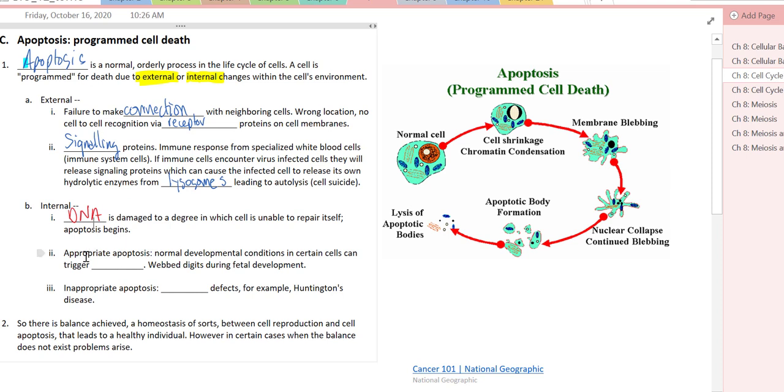Now, sometimes there's appropriate apoptosis in the normal developmental conditions in certain cells. So a great example of this is if you look at developing embryos in the womb, you can see fetuses with webbed digits. But specific conditions within the cell, within the developing digits, trigger apoptosis, and specific enzymes are produced that literally break down the tissues forming between digits, causing us to be born with normal digits.